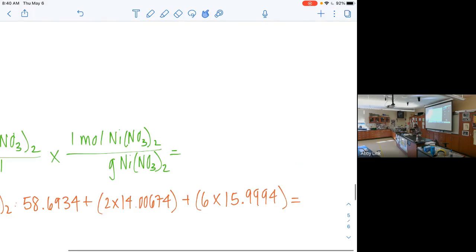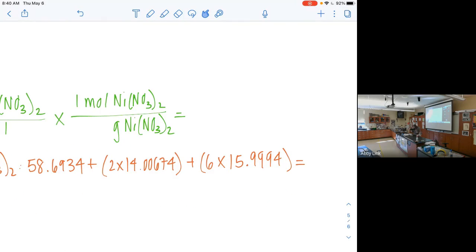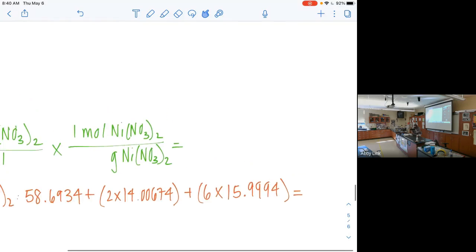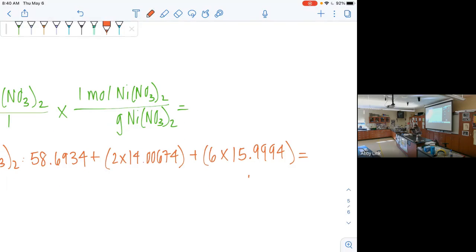All right, and I get that value to come out to be 182.70. All right, I can plug that in up here in the denominator. And then we're going to divide.